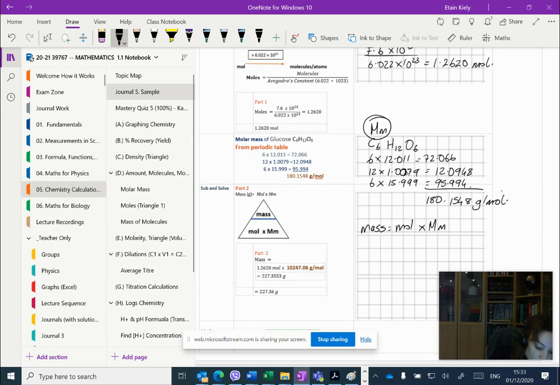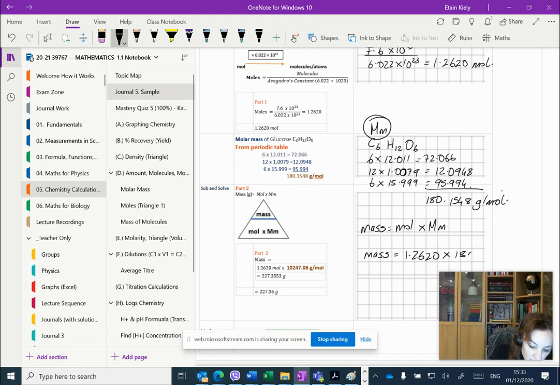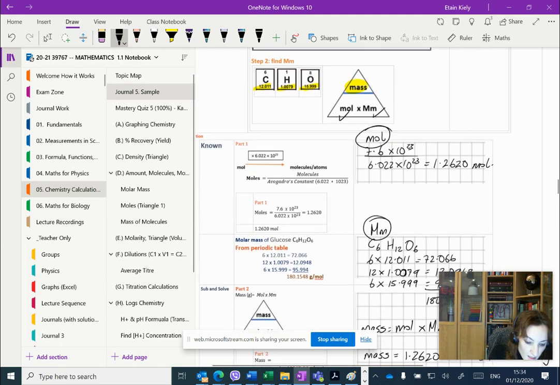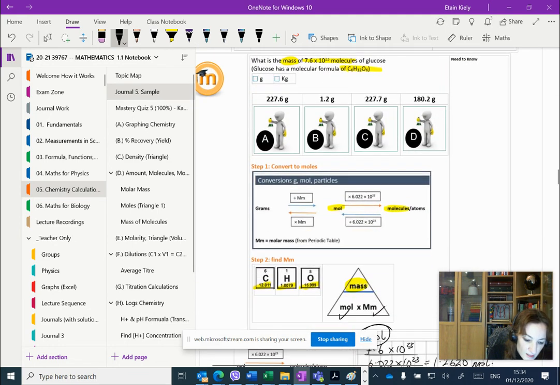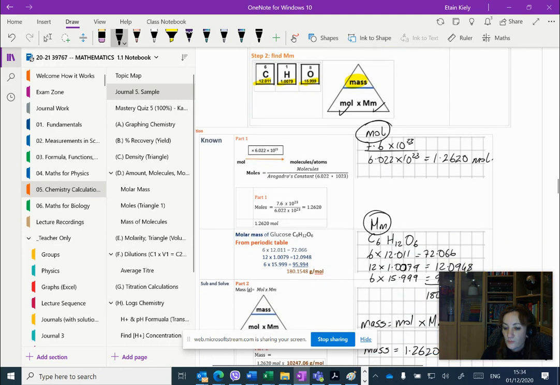In this situation, mass is equal to 1.2620 by 180.1548. And this should give us 227.36 grams. And it asks you here to, well, it actually doesn't specify how many decimal places on this one.